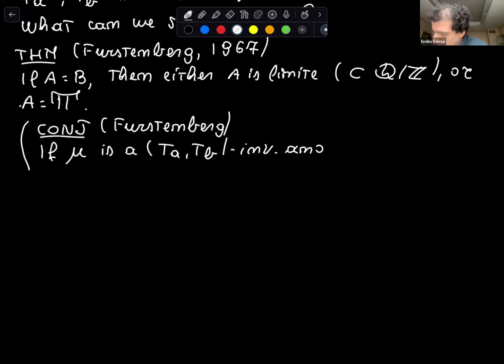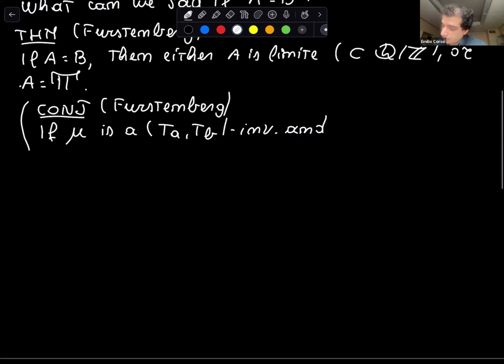Well, actually, invariant under both maps and ergodic means that every set which is essentially invariant under both maps is trivial measure theoretically.